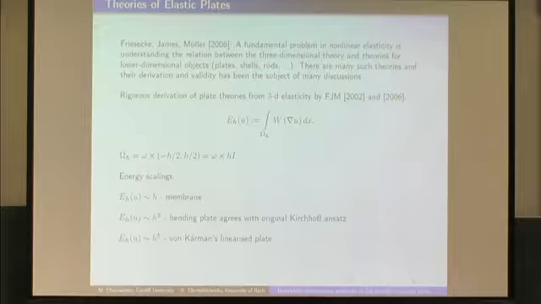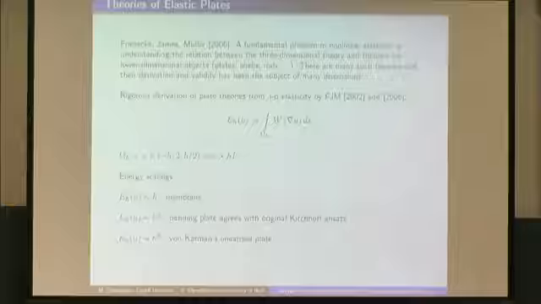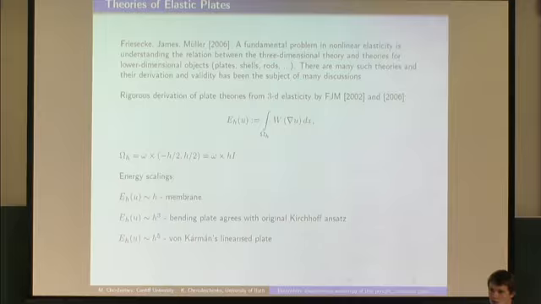Then you end up with a bending plate which agrees with the original Kirchhoff ansatz for bending plates. If you have energy of order h to the power 5, so W is of order h to the power 4 in this case, you end up with the von Karman linearized plate theory.